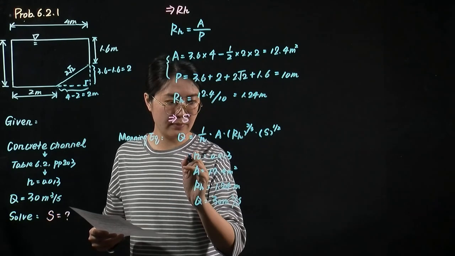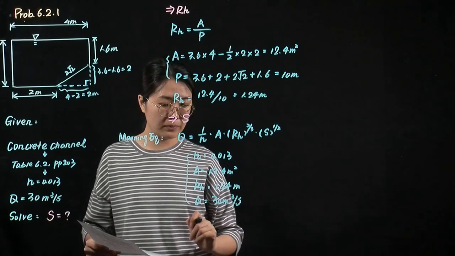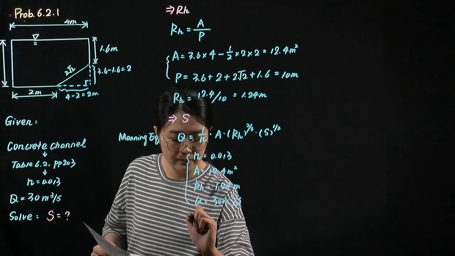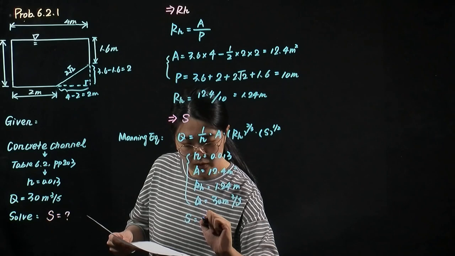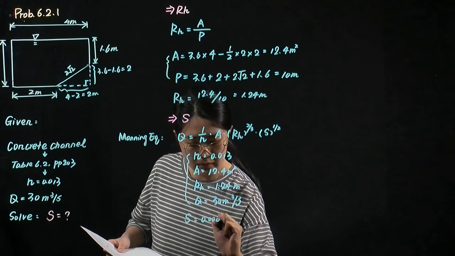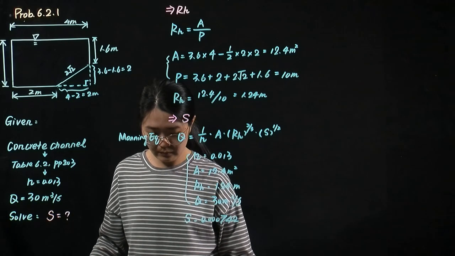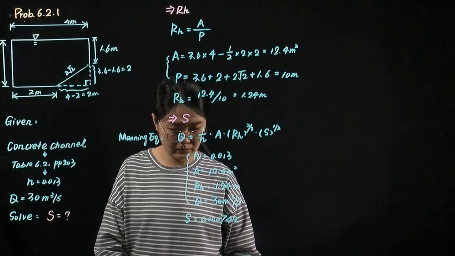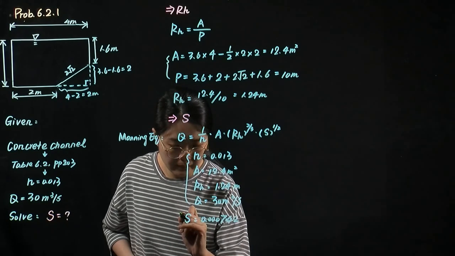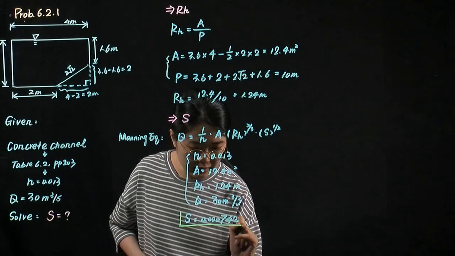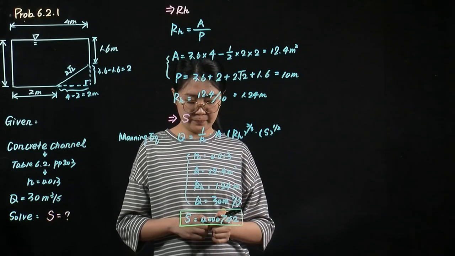If we bring these values back to the Manning equation, then we can get the slope. It equals 0.000742. So this is the result for problem 2.